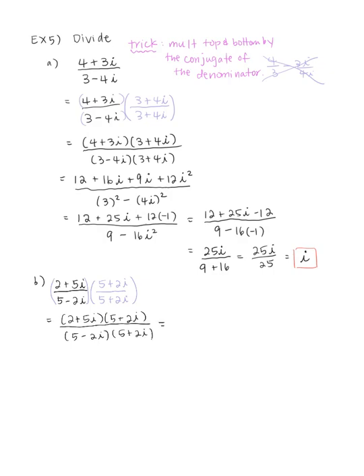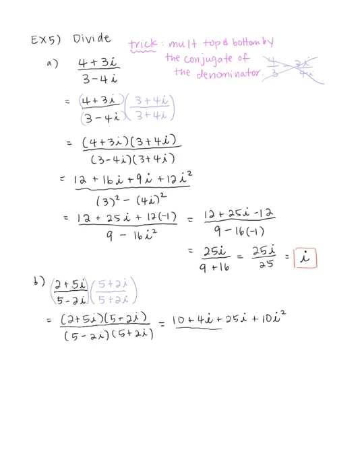Okay, so now let's multiply the numerators together. So we have to FOIL, so we're gonna get 10 plus 4i plus 25i, and then plus 10i squared.